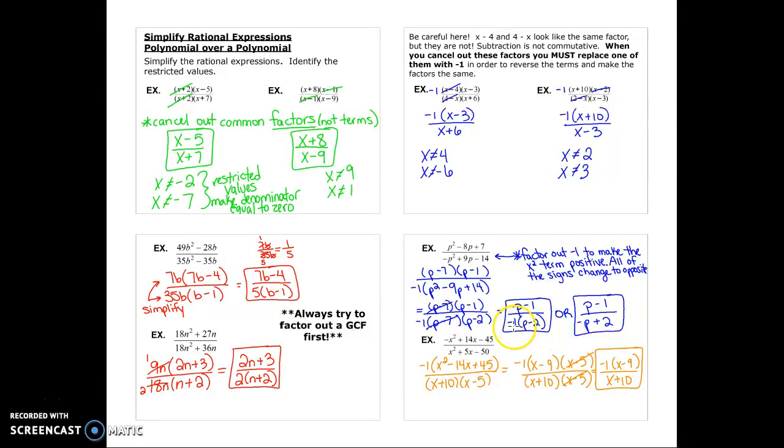You can distribute that negative 1 in if you would like to, so both of these are correct answers. Same thing happens in the second example. You have to factor out a negative 1 out of that numerator first, since your leading term is negative. Then you factor just like normal. Okay, so you're going to factor the numerator, factor the denominator, cancel out the same terms, and then rewrite what you have left.